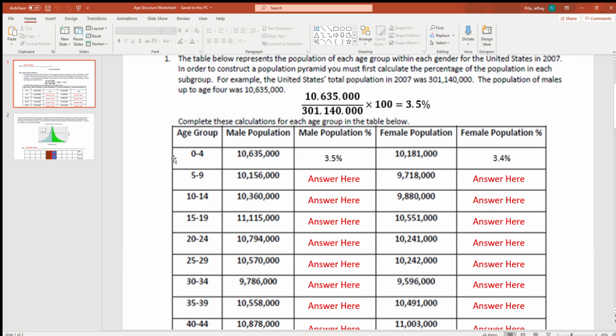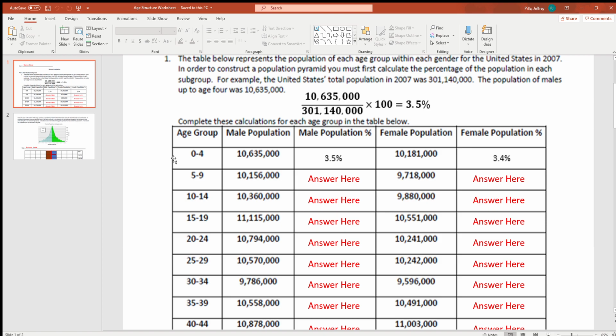Now, hopefully you looked at the notes or watched the video on the notes prior to this, and you would have seen when we were talking about population pyramids, we mentioned that typically those age groups are bunched into groups of 5.